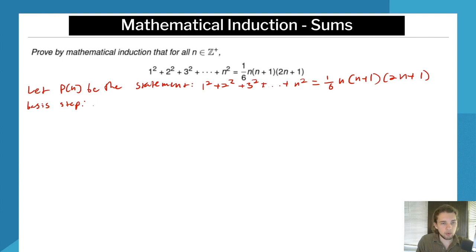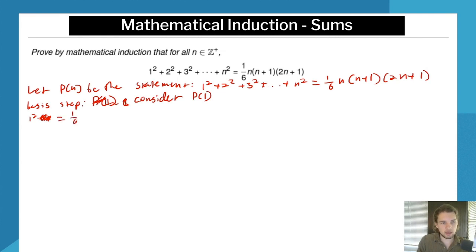So the basis step. Since we're on a well-ordered set, we can have a basis step where we use the minimum possible value. So in all the positive integers, the smallest value is 1. It's the smallest positive integer. So we should probably write something like: consider P1. There you go. Consider P1. What does this culminate in? This culminates in 1 squared, sorry, then we don't go any further because n is 1 here.